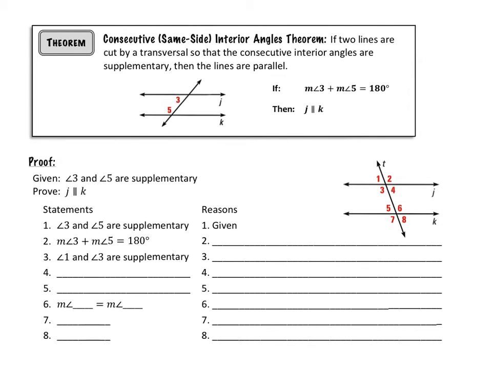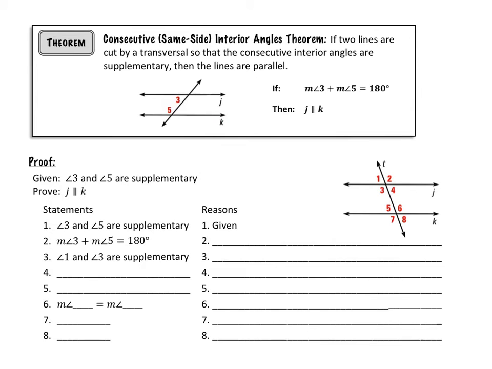Our fourth angle relationship theorem is that consecutive interior angles will also tell us if the two lines cut by a transversal are parallel. And in this case, we need our consecutive interior angles to be supplementary, so we'll have to be told that either in words or in an equation.